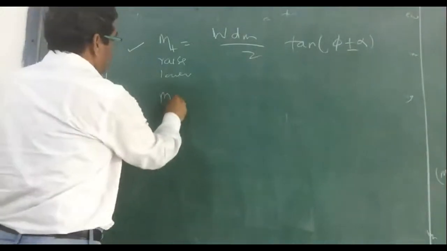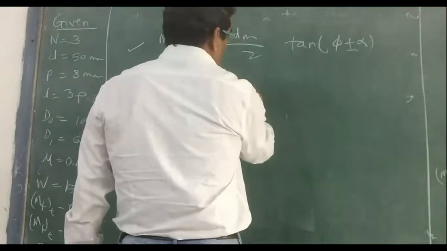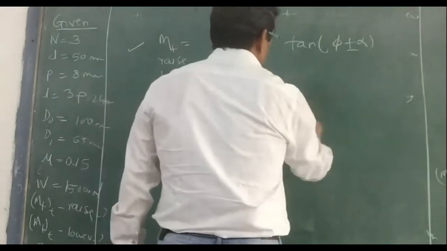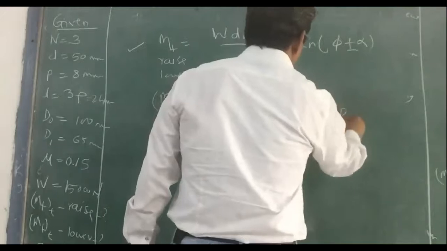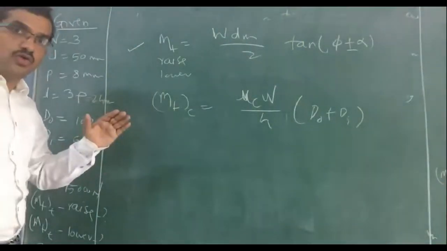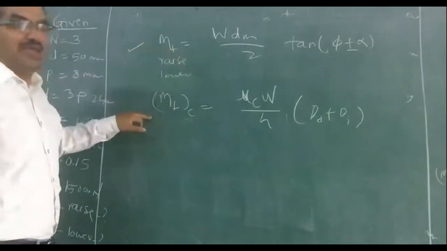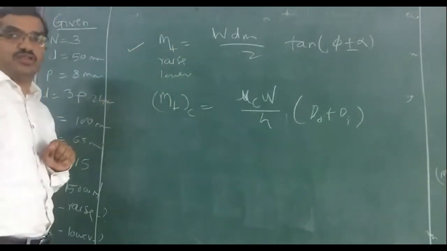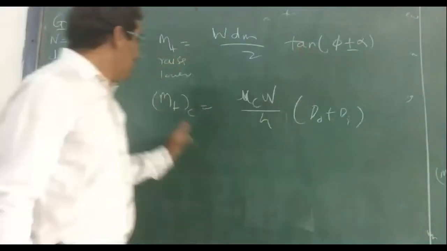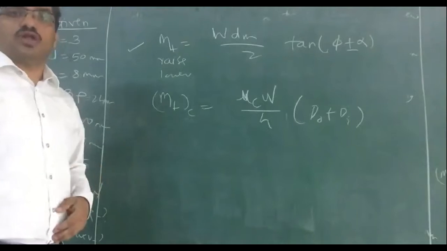Then there will be the collar friction torque, which will be mu c into W by 4 into do plus di. To raise the load, the total torque will be MT to raise the load plus MTC. To lower the load, it is MT with tan phi minus alpha, plus MTC. So the addition of these two will give you the torque required to lower the load.